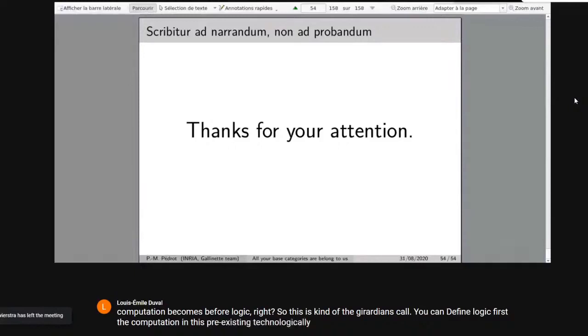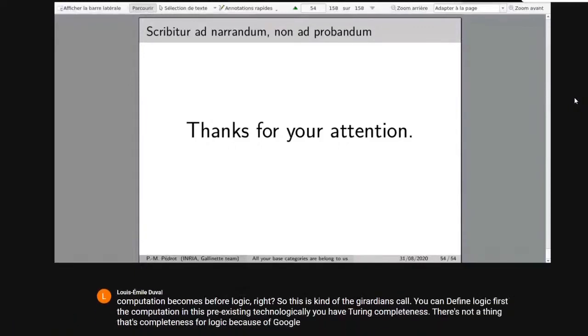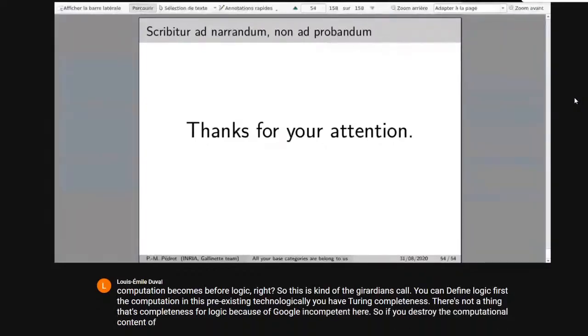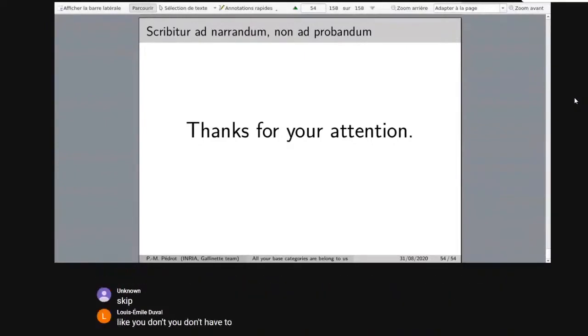You have Turing completeness. There is no such thing as completeness for logic because of Gödel's incompleteness theorem. So if you destroy the computational content of your type theory, then somehow you're not doing anything that constructive, in the sense that it's like when you do CZF, you don't have a way to really trust your model. Somehow you still have to trust.